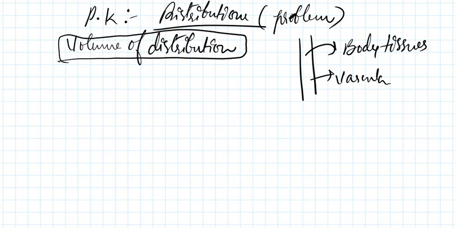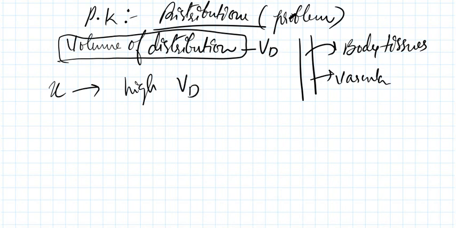For example, if a drug X is said to have high volume of distribution, it's represented by VD. High volume of distribution means this drug X moves from the vascular component to the body tissues very much.